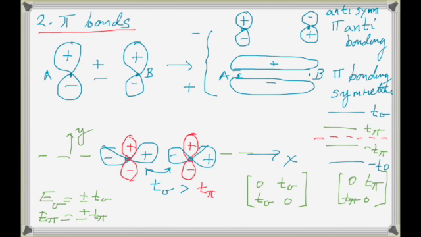So that's sort of an intuitive picture of sigma bonds and pi bonds that you run into all the time doing what's called quantum chemistry, calculating electronic structure of molecules, and also graphene and carbon nanotubes.